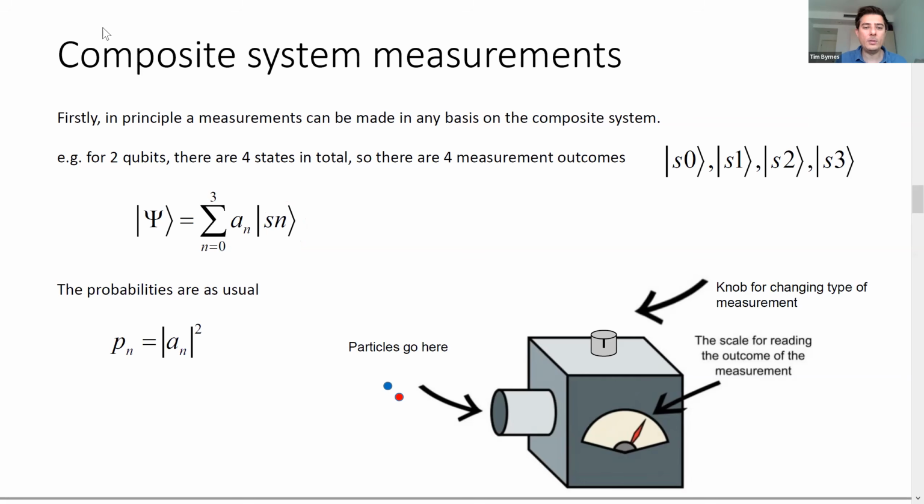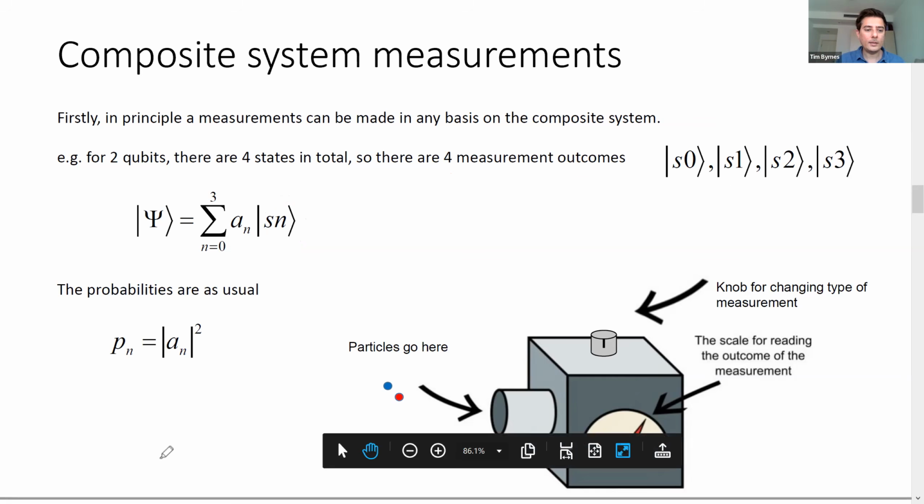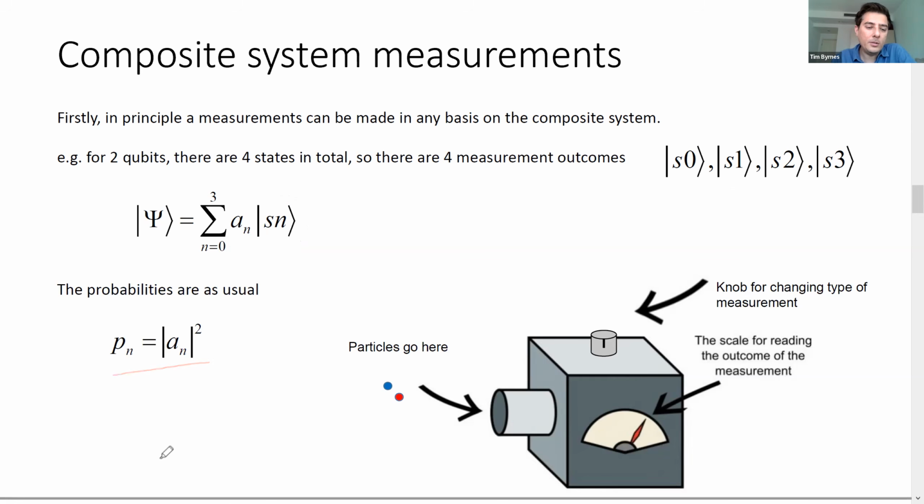And so it's natural that when you go and measure that, you're going to have 4 different measurement outcomes. Now, the probabilities just depend, again, upon the coefficients. It's basically exactly the same rule as we saw before: the complex modulus squared of the coefficient.